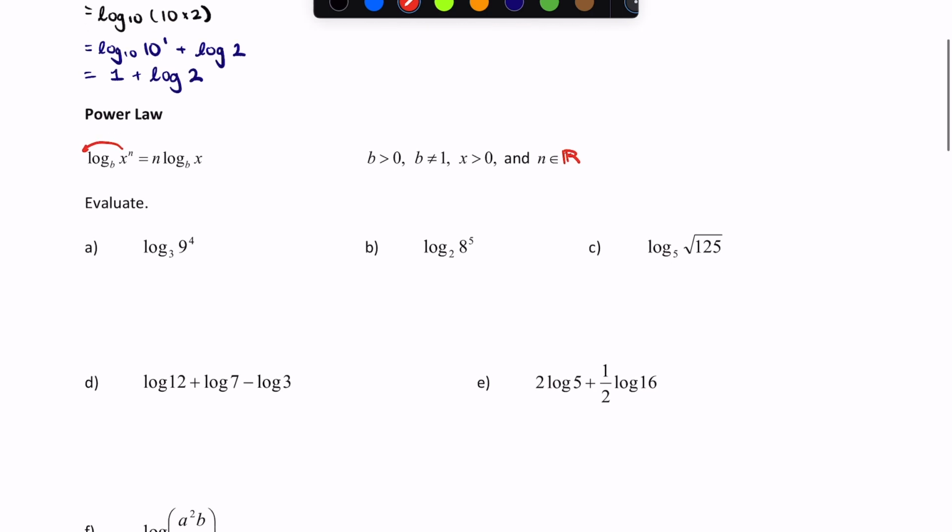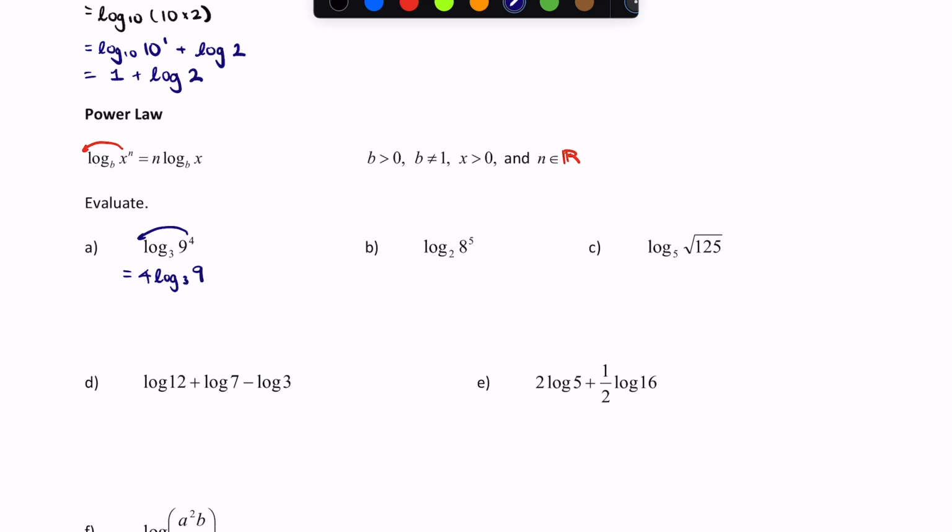So if we're evaluating this, we have log base 3 of 9 to the power of 4. Again, bring the 4 to the front. So we can rewrite this as 4 log base 3 of 9.